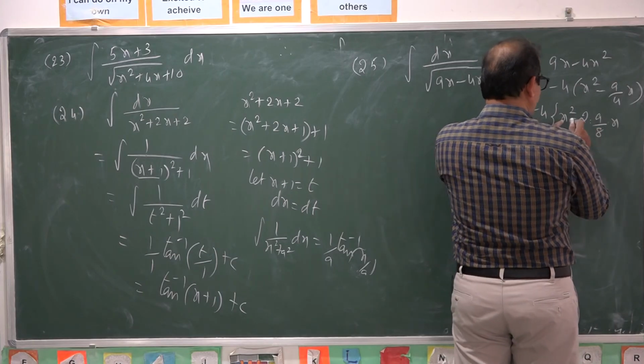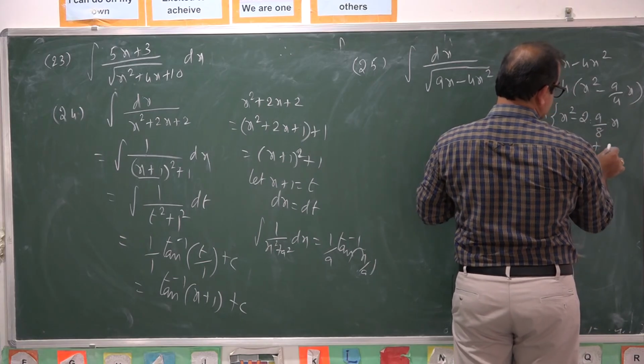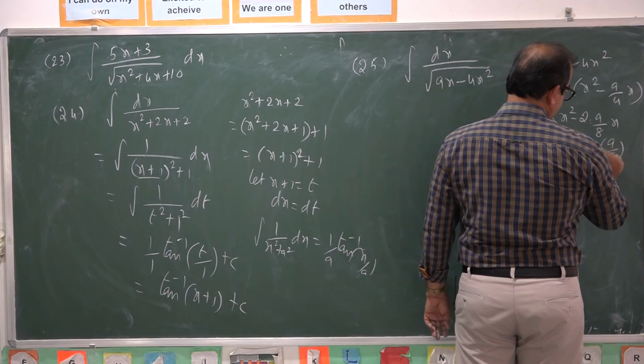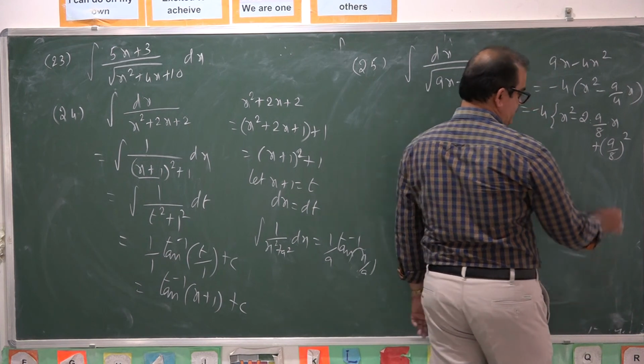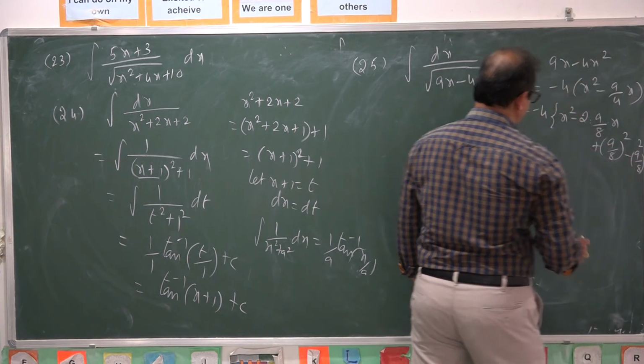It is in the form of a square minus 2ab plus b square. Plus b square means write it as 9 by 8 whole square. If you add, then immediately you must subtract 9 by 8 whole square.